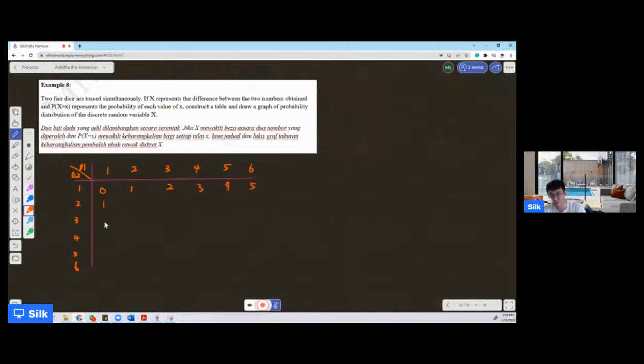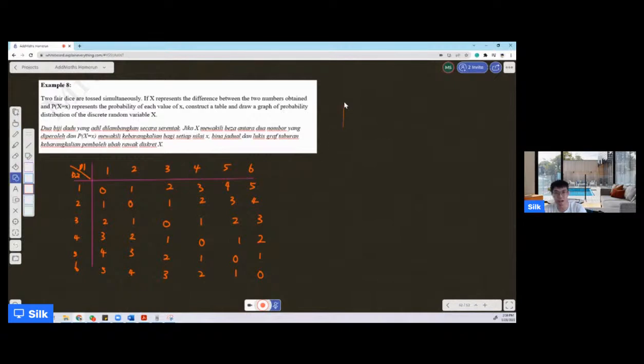Then this one no difference, 1 difference, 2, 3, 4. Because 2 and 3 is 1 difference. This one no difference, and again same, different, same, different, like that. So you see, in total, maximally only a difference of 5.